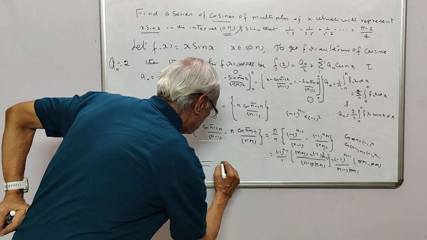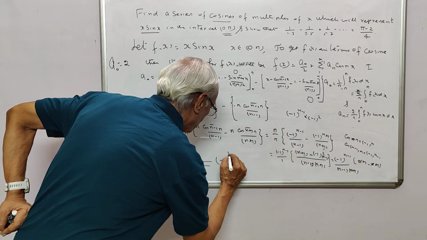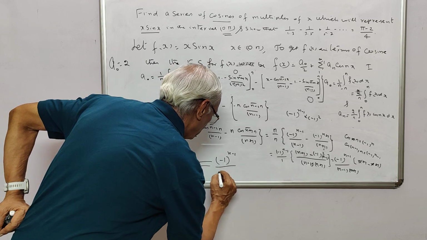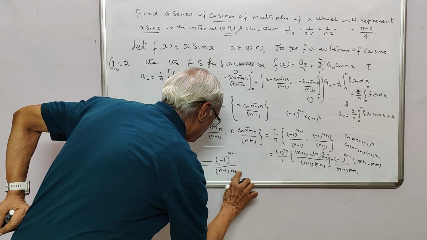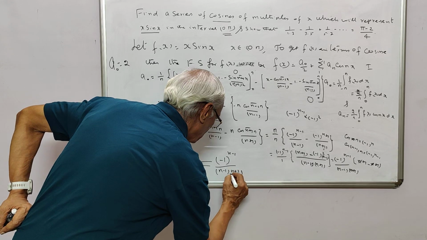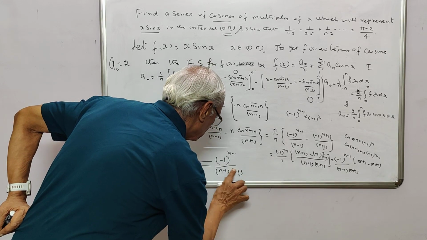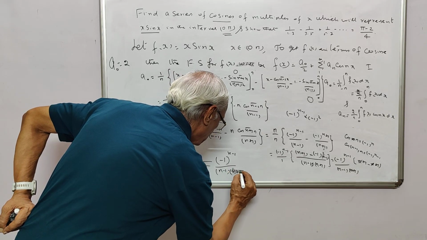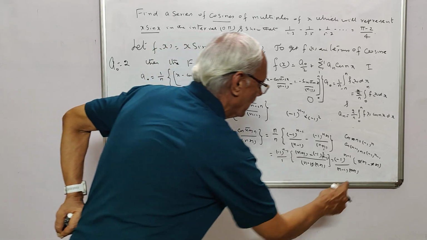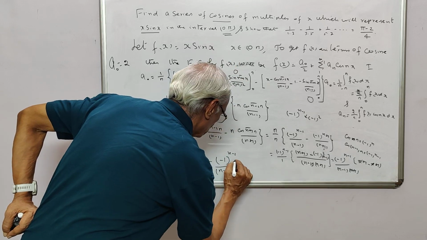see, minus 1 to the power of n minus 1. It is n minus 1 into n plus 1 into, what is this? N plus 1. And what is this? 1 plus 1 is 2.